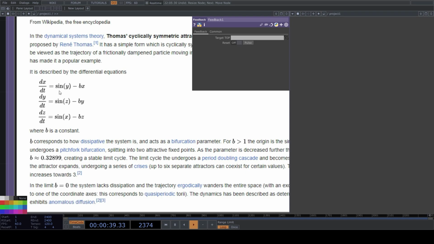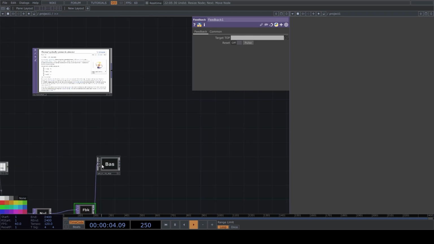These equations are pretty simple. They contain only one constant p. Let's set it.